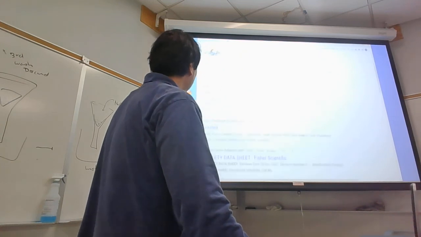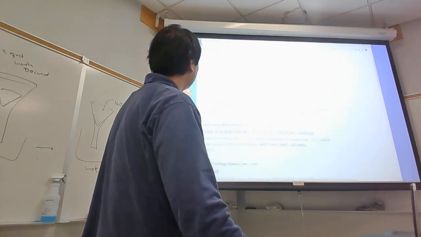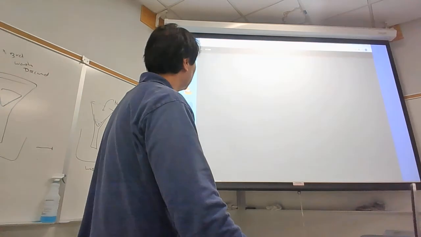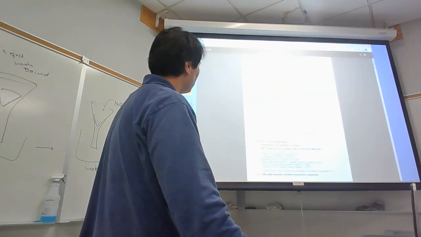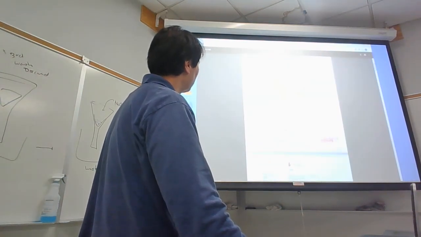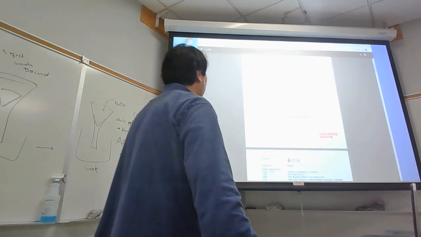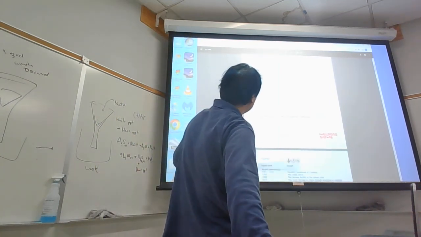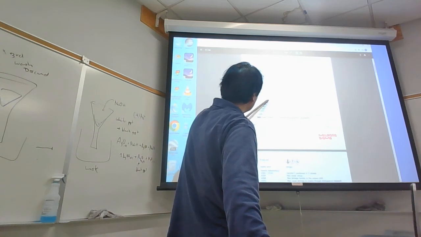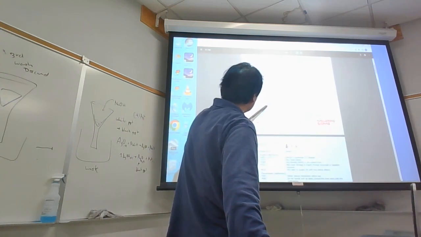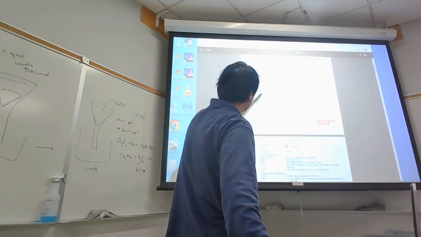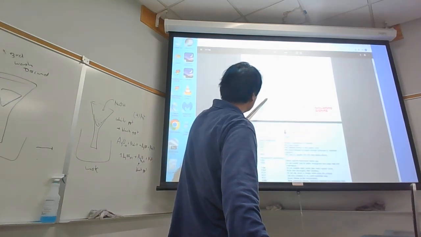We want something soluble. It can be lead 2 iodide. We're working with lead 2 iodide. That's the yellow precipitate. So this is the acute toxicity, carcinogenicity, reproductive toxicity, etc.